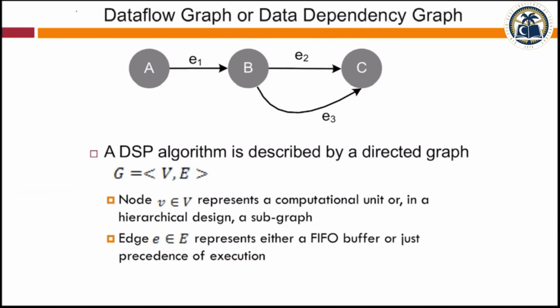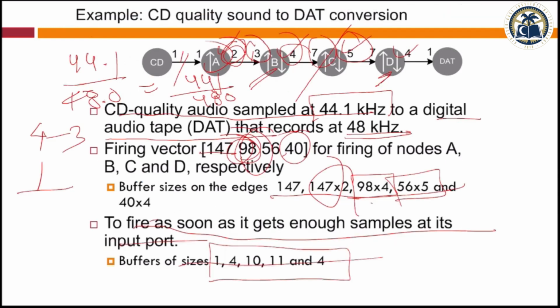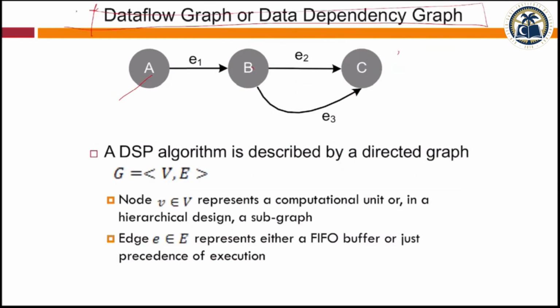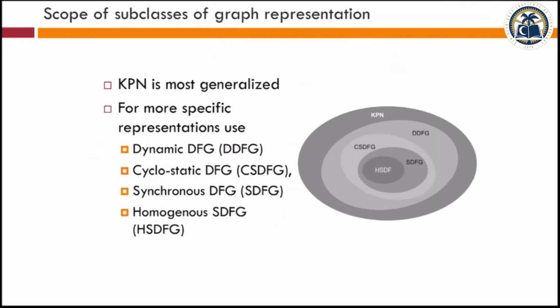One way of looking at algorithms is that you have data flow graphs, where one node is connected to another node, which is connected to another node, and you draw your algorithm like this, as I have drawn it here. Usually you will have a cyclostatic schedule.